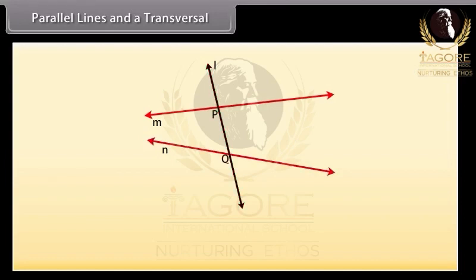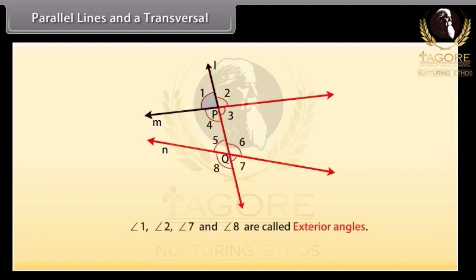Therefore, line L is a transversal for lines M and N. Observe that four angles are formed at each of the points P and Q. Let us name these angles as angle 1, angle 2, angle 3, angle 4, angle 5, angle 6, angle 7 and angle 8. Angle 1, angle 2, angle 7 and angle 8 are called exterior angles, while angle 3, angle 4, angle 5 and angle 6 are called interior angles.